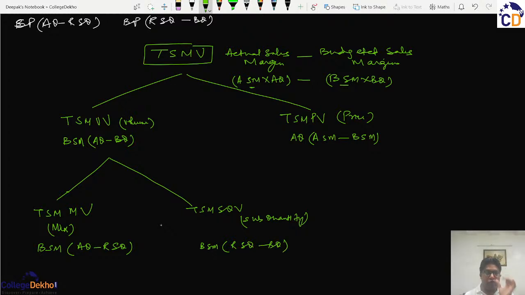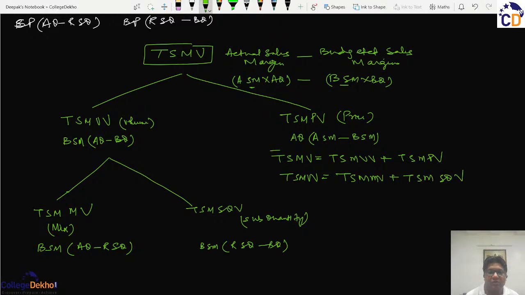So we will show it on the similar lines, and here you will find that total sales margin variance will be equal to total sales margin volume variance plus total sales margin price variance, and total sales margin volume variance will be equal to total sales margin mix variance plus total sales margin sub quantity variance.